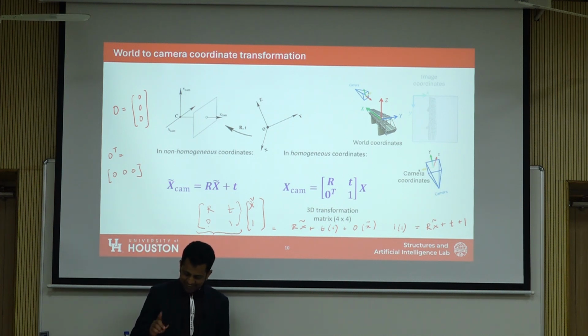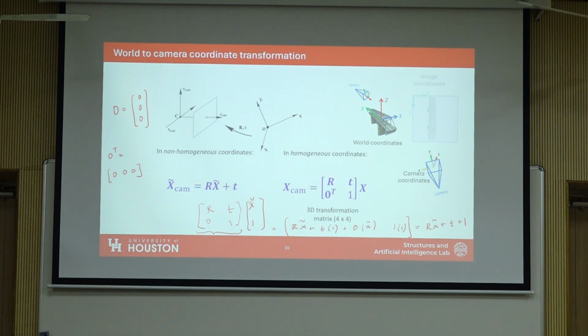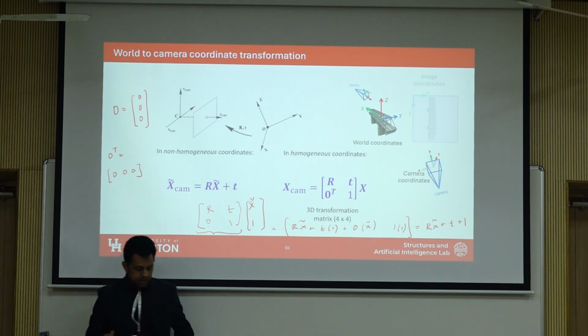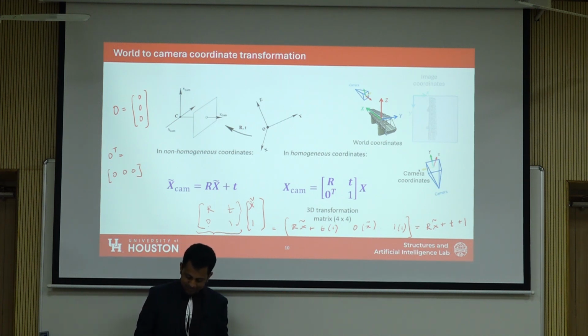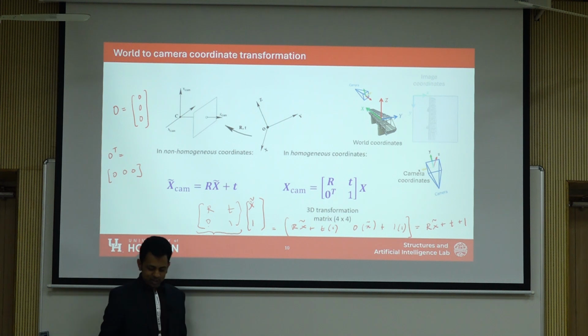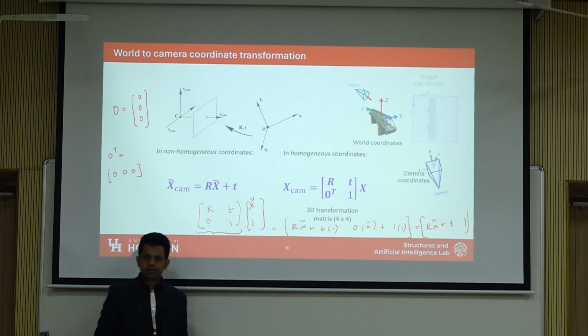That will be in the next row, correct? Yes. 0 times x tilde will also be in the next row. Okay. So that will be my result.